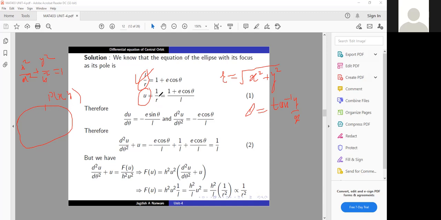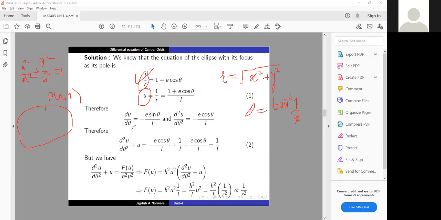Now differentiate this equation 1. That gives du by d theta. Here we differentiate with respect to theta, therefore 1 by L is constant. Derivative of 1 with respect to theta is 0. And what is the derivative of E cos theta? It is minus E sin theta.